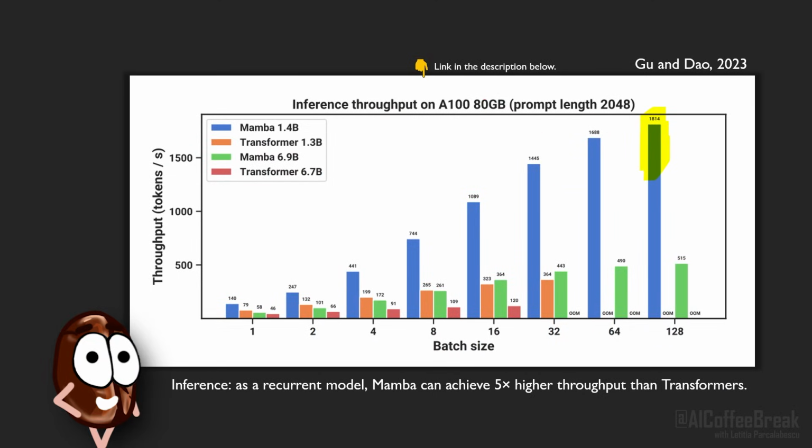At a 128 batch size, MAMBA of 1.4 billion parameters can process 1,814 tokens per second, while the transformer has long given up by throwing an out-of-memory error. At a batch size of 8, MAMBA can process 744 tokens per second, while the transformer processes just 265.